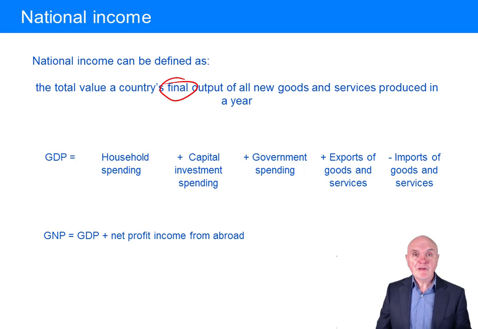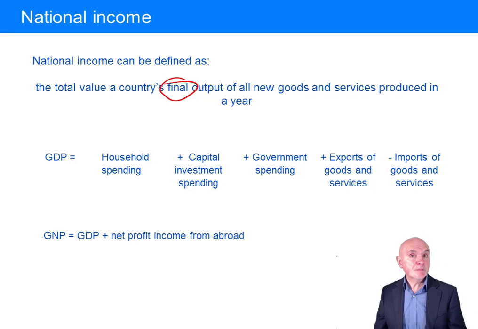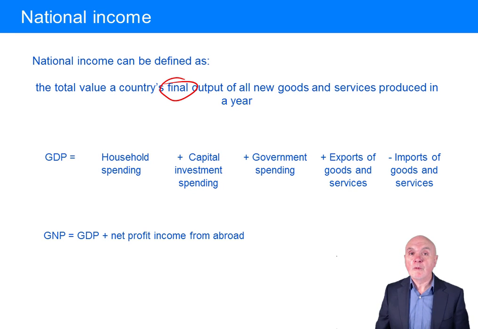So remember what that definition is. It is household expenditure plus capital investment plus government expenditure plus what we get from exports less what we have to pay for imports. Gross national product is the gross domestic product plus income we get from basically investments abroad.